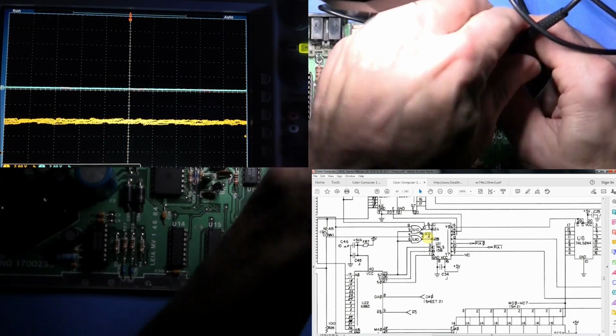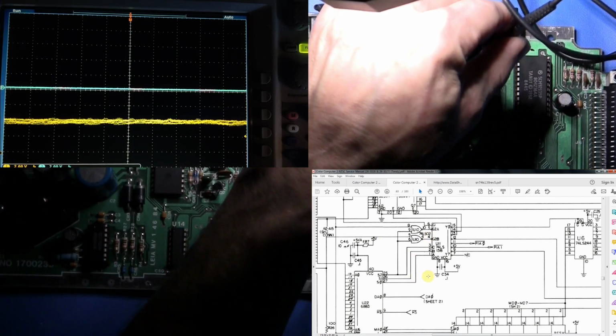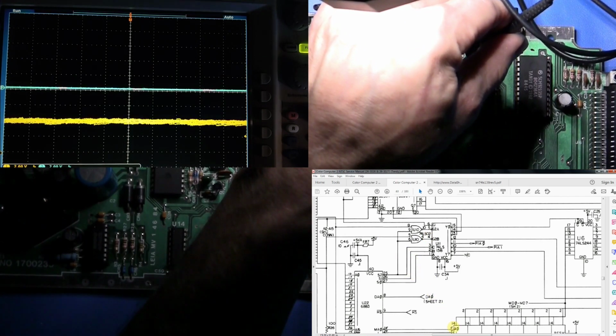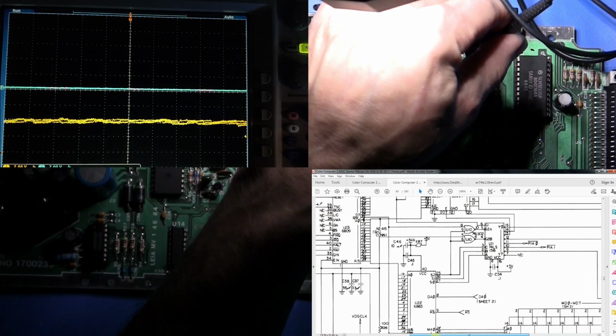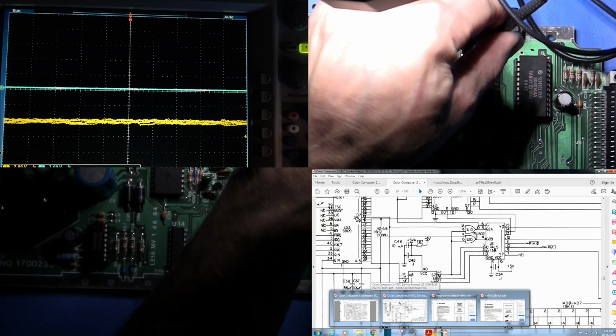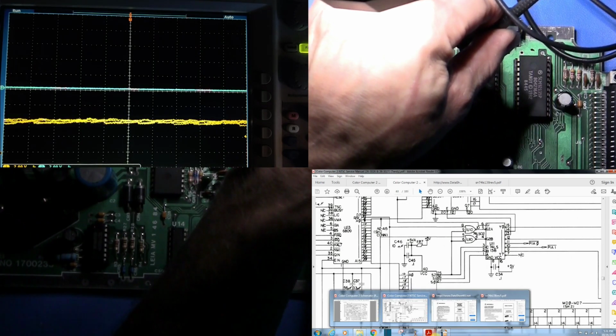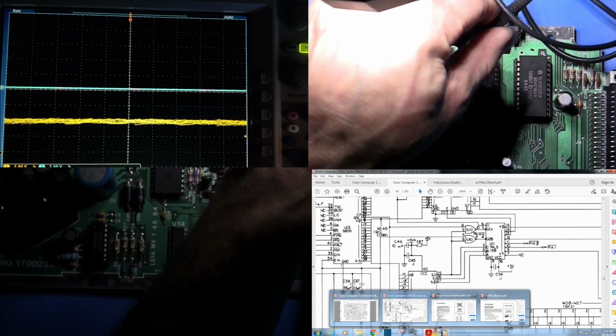Pin 8, I believe that's the read-write signal. 8 is read write. I believe that's read high, write low. So that would say we're doing a lot of reading right now. We're not really doing any writing.